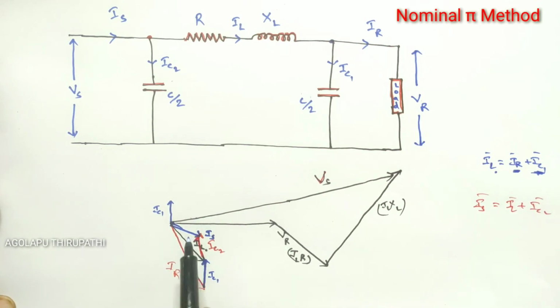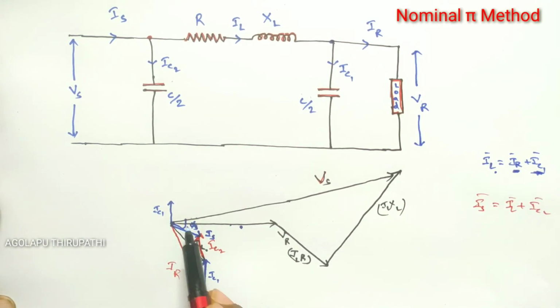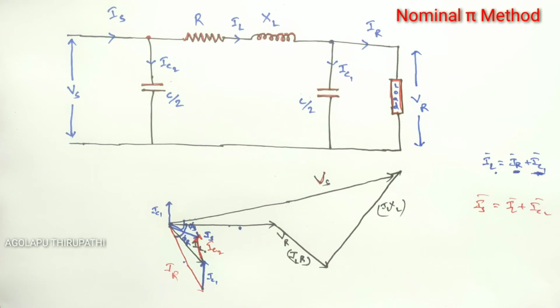The angle between Vs and Is is the sending end side power factor angle, and the angle between VR and IR is the receiving end side power factor angle, that is phi r. So this is the complete phasor diagram for the nominal pi method.